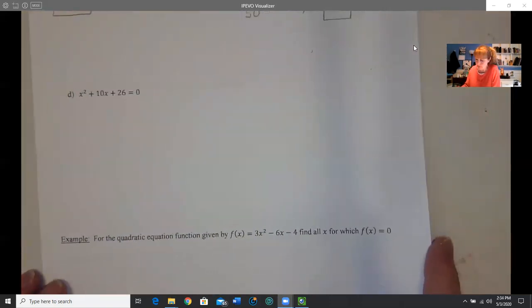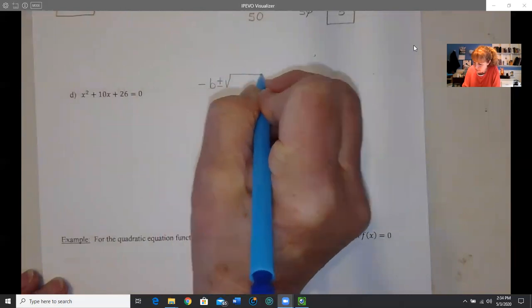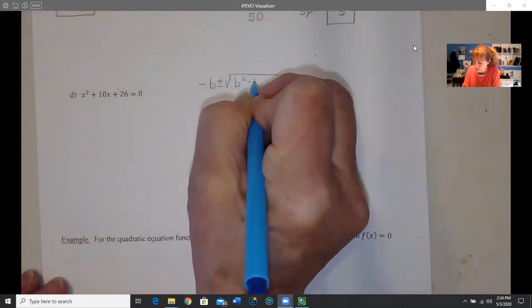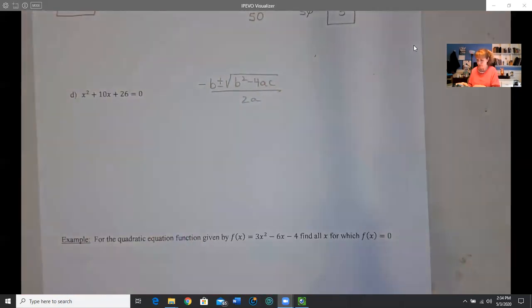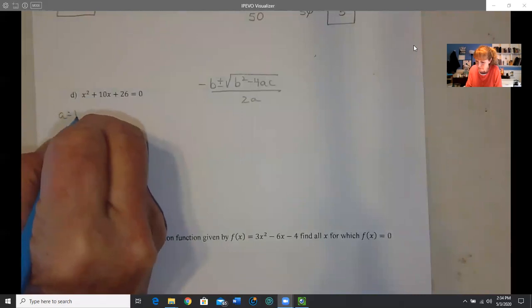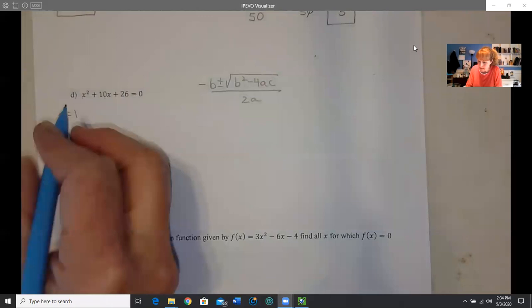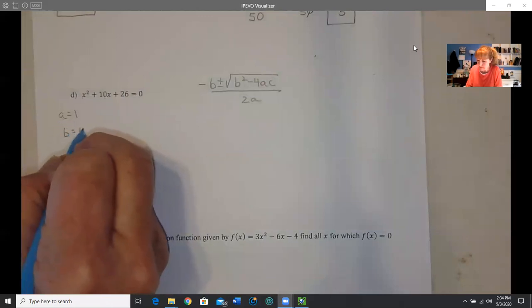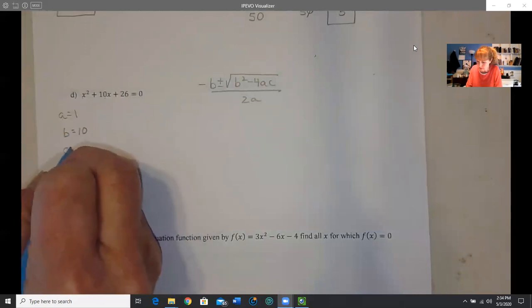Minus b plus or minus the square root of b squared minus 4ac all over 2a. Okay, a is going to be 1. There's nothing that goes into all of those, so we'll just leave them. B is going to be 10, the number in front of the x, and C is equal to 26.